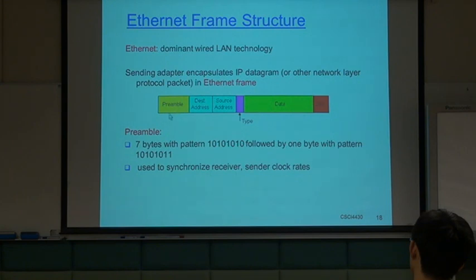The preamble field basically specifies the beginning of the link layer frame. It will start with the pattern 10101010, followed by 1 byte with a pattern like this. It is used to synchronize the receiver and the sender clock rate, so they use the preamble to specify the beginning of the link layer frame.